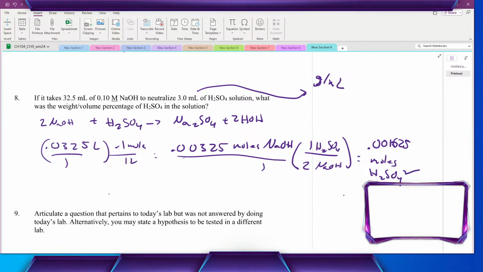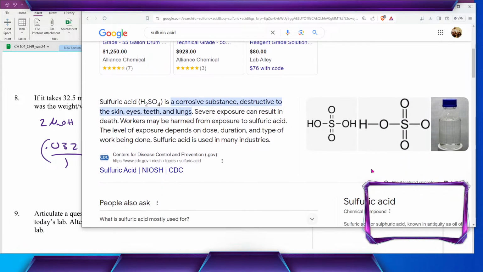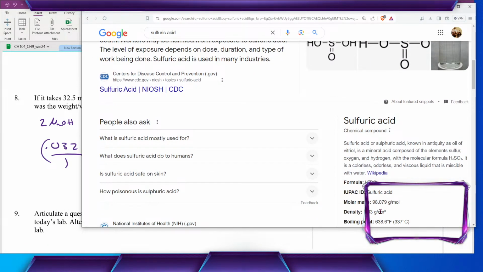This is a good stopping checkpoint right there. Then I'm going to look up the molecular weight of sulfuric acid. Sulfuric acid, 98.079.